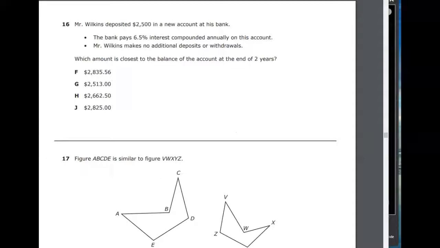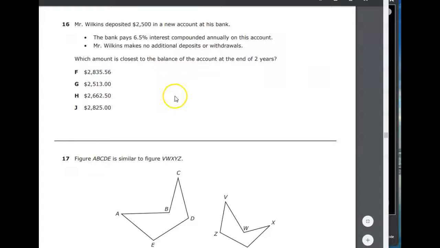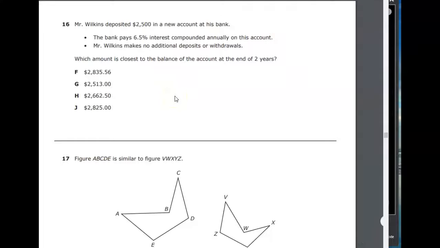Somebody is depositing money into their account at the bank. The bank pays this much interest rate compounded annually. He will make no additional deposits or withdrawals. What amount is closest to the balance of the account at the end of 2 years? So before I shift to my piece of paper, my question to you is this. Are you looking for the interest only? Does it say interest only?